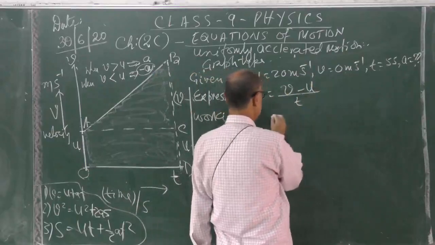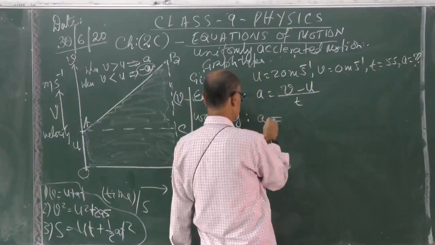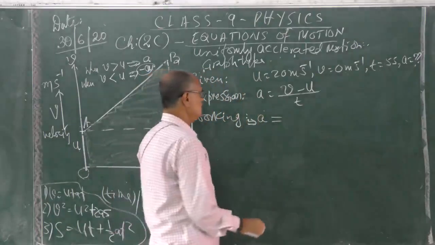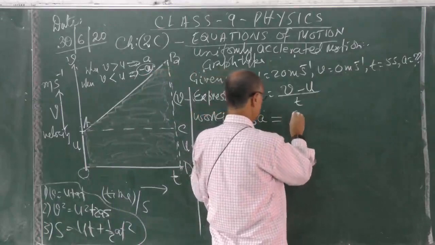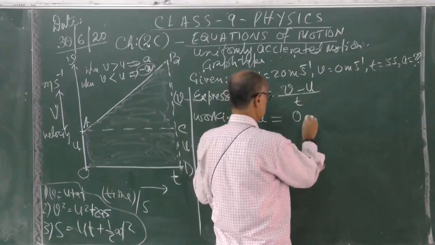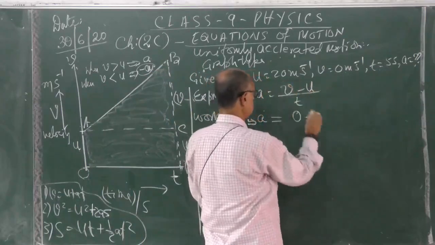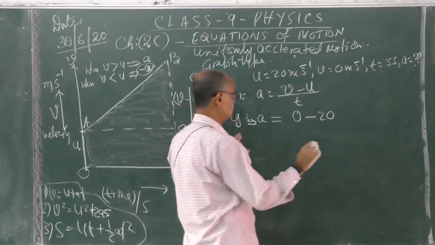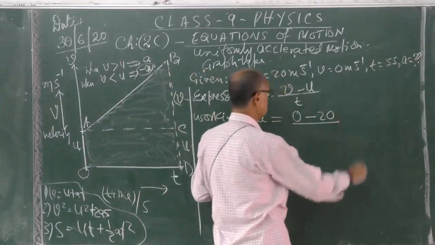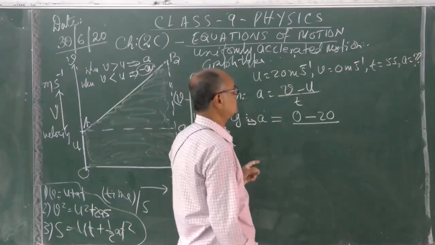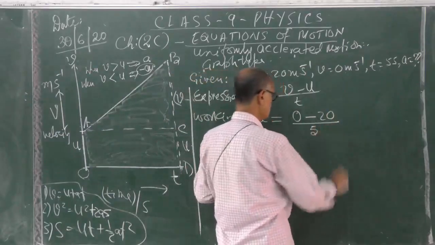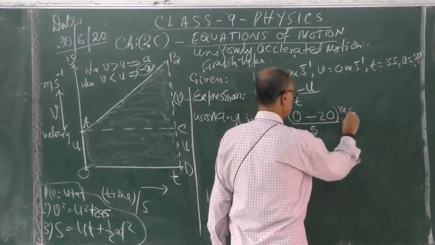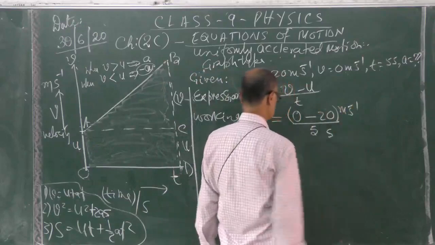So what should it be? a is equal to final velocity 0 minus initial velocity 20, divided by time 5. I am just skipping the units for your clarity. On top it is meter per second and down it is second.